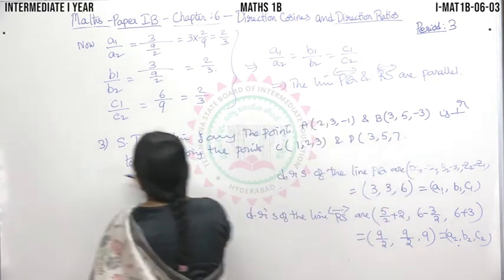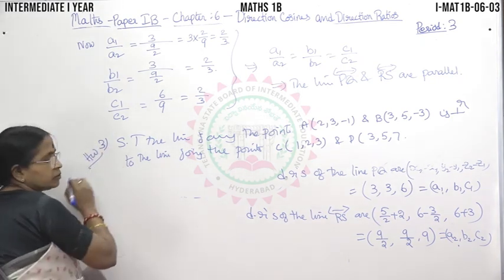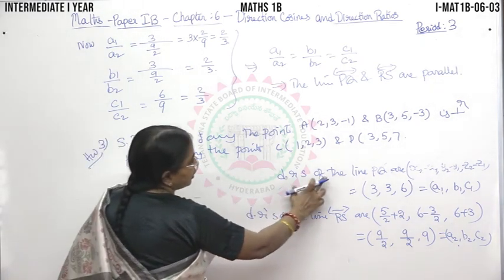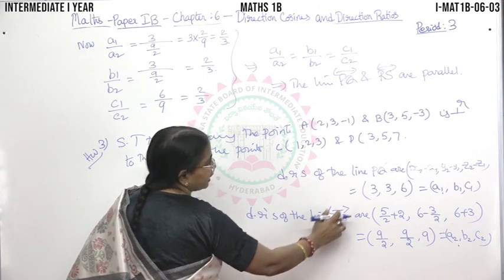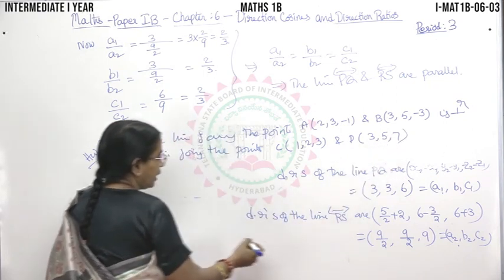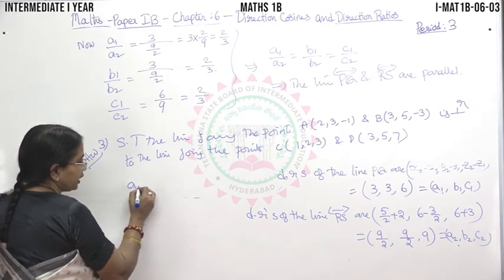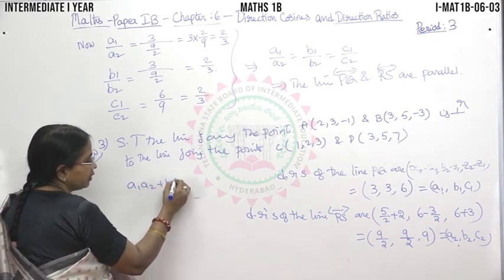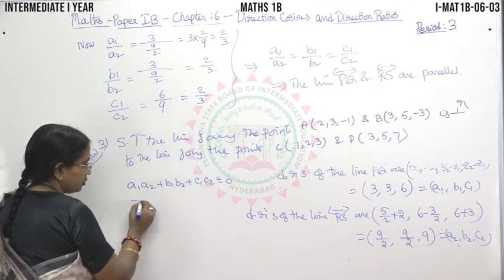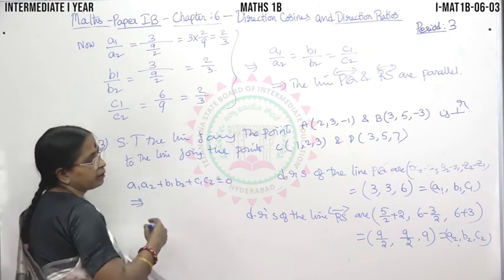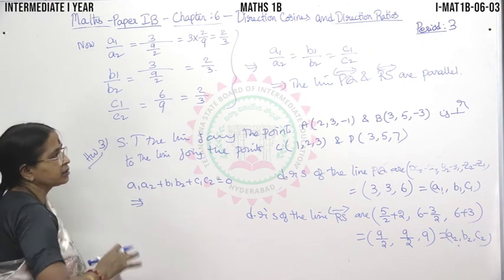You can take this as homework. First find the direction ratios of AB and of CD, and then show that A1 A2 plus B1 B2 plus C1 C2 is equal to 0. So it implies that they are perpendicular. Like that you conclude.